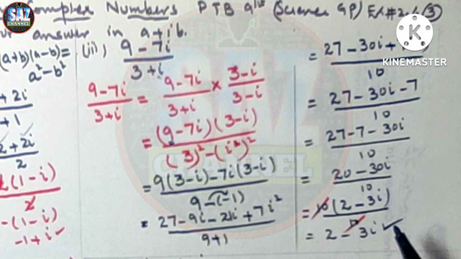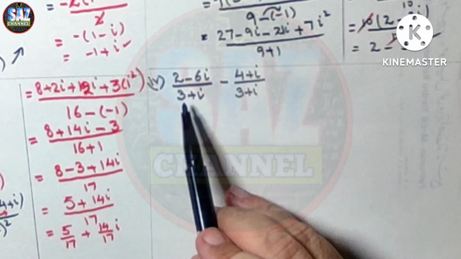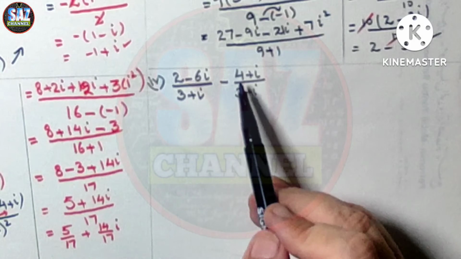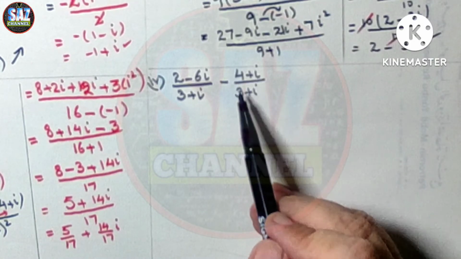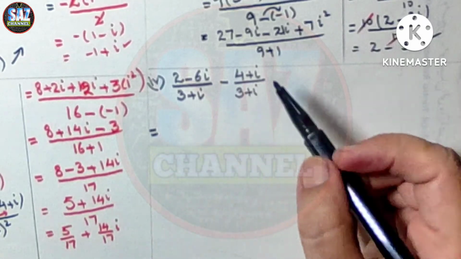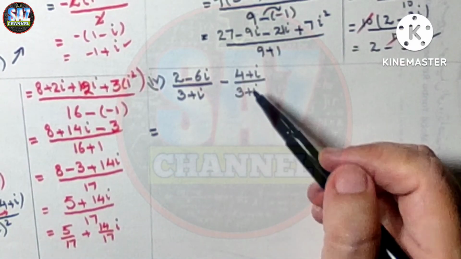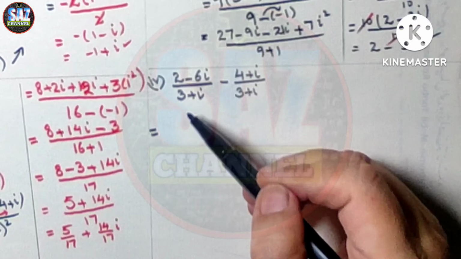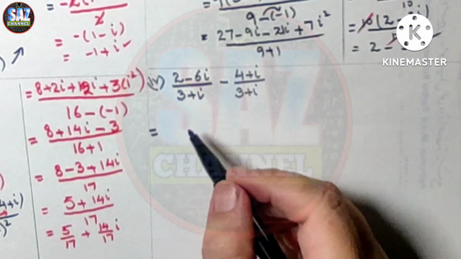Okay. Moving to the next part, that is 2 minus 6 iota upon 3 plus iota minus 4 plus iota upon 3 plus iota. If you look at the question, it is having two fractions with difference, but look at the denominators, both have the same denominator.